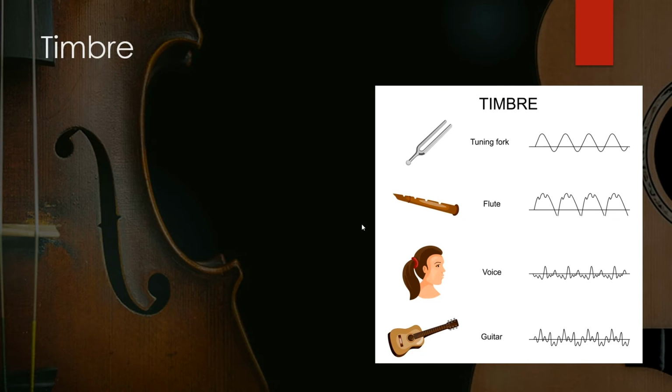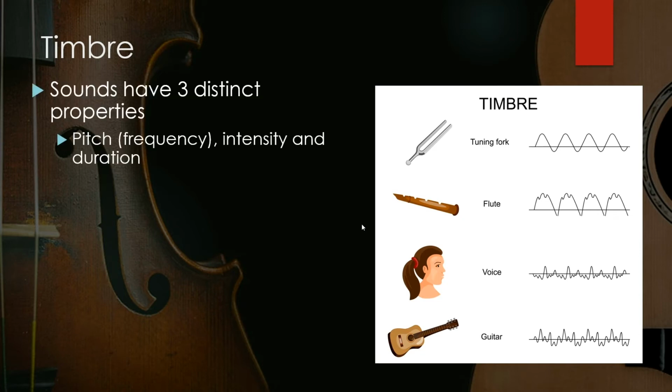So timbre. Sounds are composed of different properties. You have pitch, which we've talked about, which is the actual frequency. A tuning fork delivers pure pitch. There are no resonant frequencies, which is what you get with other instruments, because as the sound goes through whatever the shape is, it resonates and creates different wave patterns that become the identifier for it.